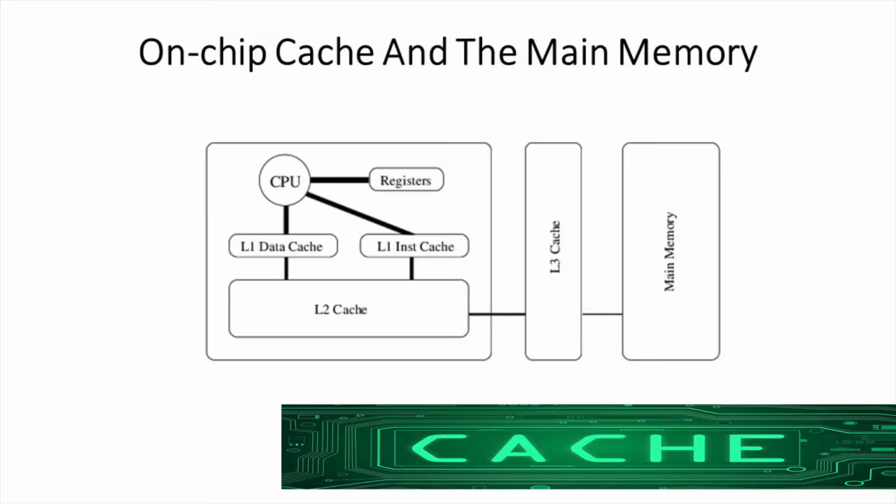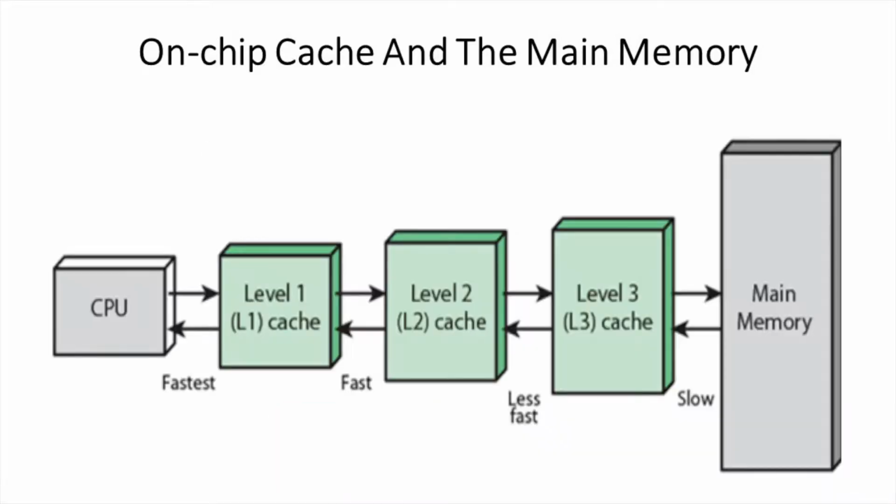Level 1 cache is generally built inside the CPU itself in our modern processors, whereas level 2 and level 3 are outside the CPU, but they are smaller in size and very fast memories. Engaging a memory hierarchy as shown in the figure alleviates the problem of memory latency, that is, the slower speed of the main memory.